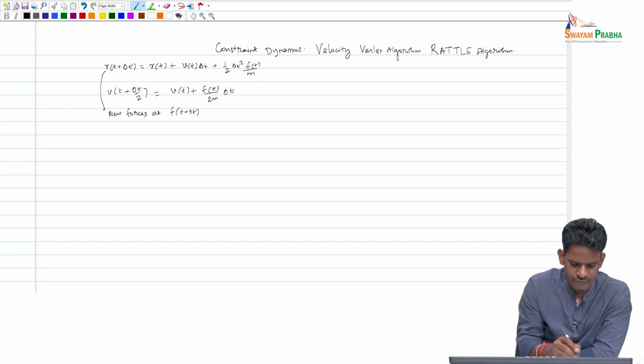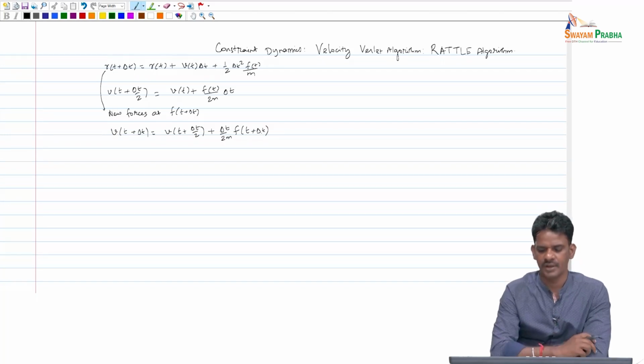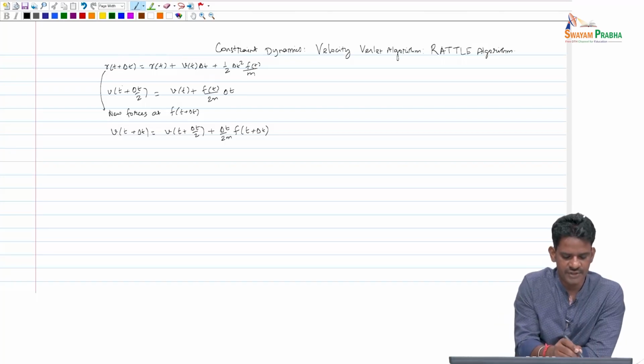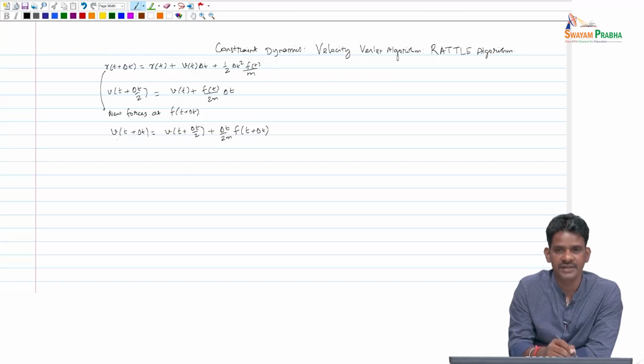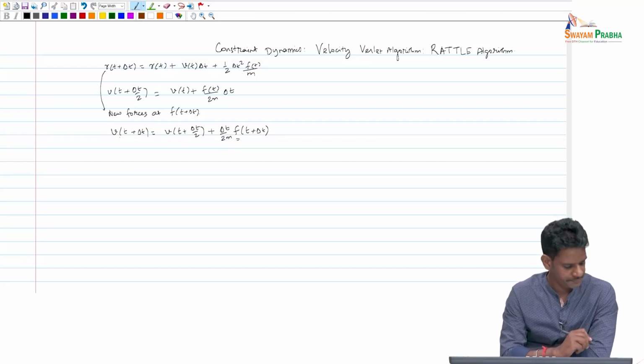Once we calculate the new force, we can update the velocity using this expression. So these are the principles of the velocity Verlet algorithm. It happens in 2 steps. The first step is to calculate the position and the half step velocity, and then using the new positions we get new forces. In the second step, we update the velocity at t plus delta t using these new forces.